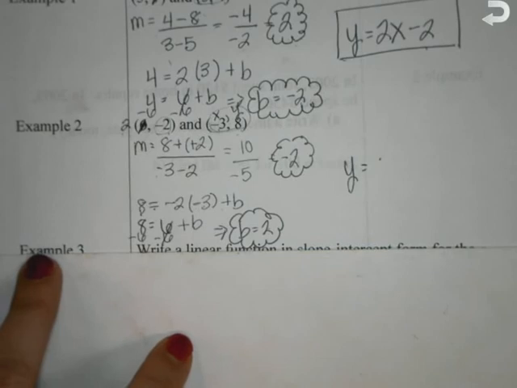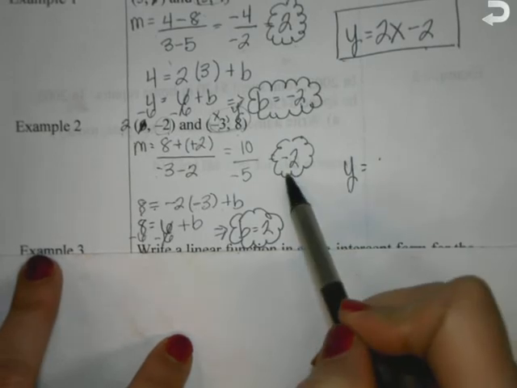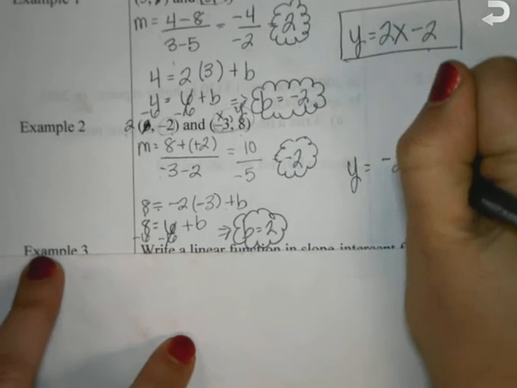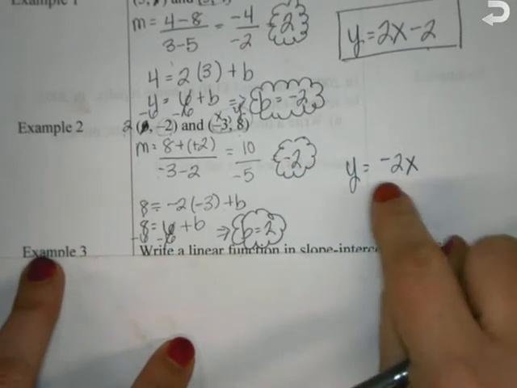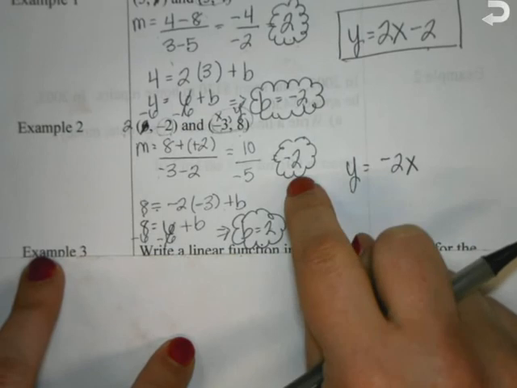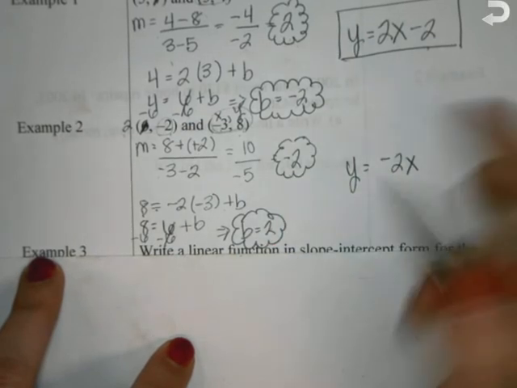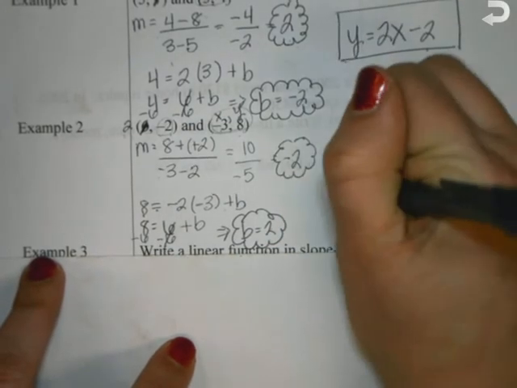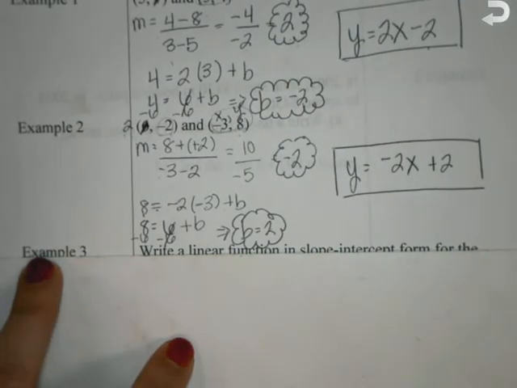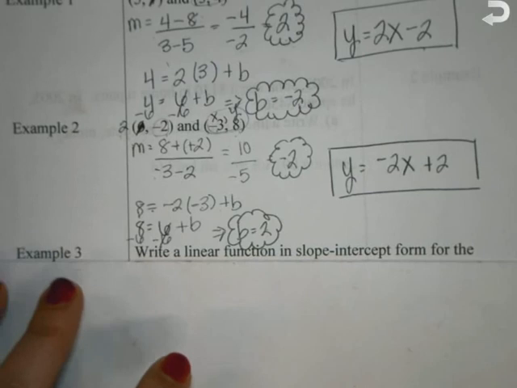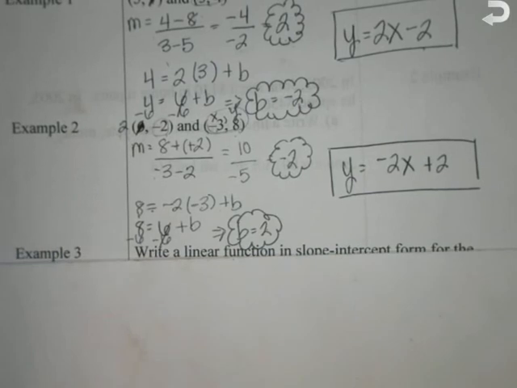The m is what's in front of the x, so that's this part right here. The b is right here, +2. So y equals -2x plus 2. Does that make sense now? It's confusing because I had two twos in there.